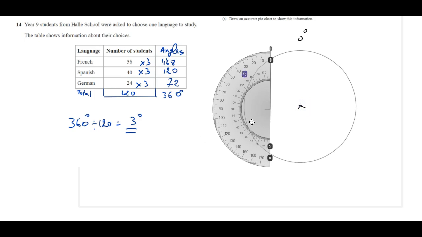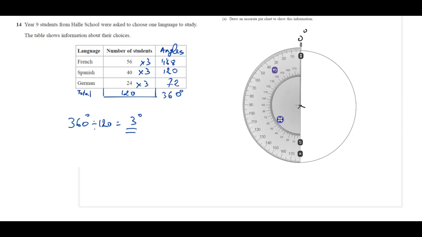So I need to have the center of my protractor exactly on the center of the circle, and I need to start reading. Can you see? It does tell me where I am going. I can see the angles are going up digitally. I need to go all the way up to 168.